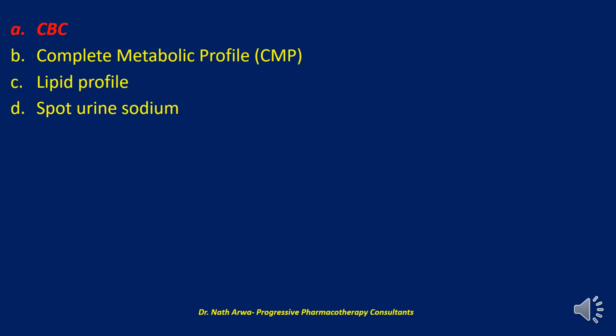A CBC isn't likely to aid in the workup or diagnosis of hyponatremia. Now the CMP provides electrolytes, kidney function, liver function, and glucose, while a spot urine and the lipid profile may shed light on an etiology of hyponatremia.